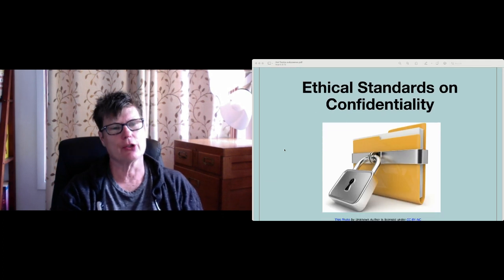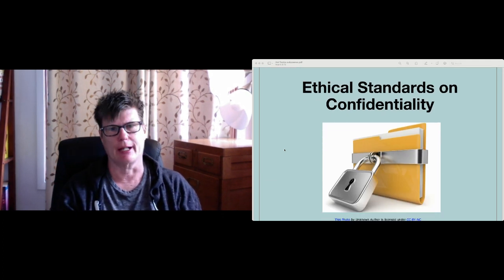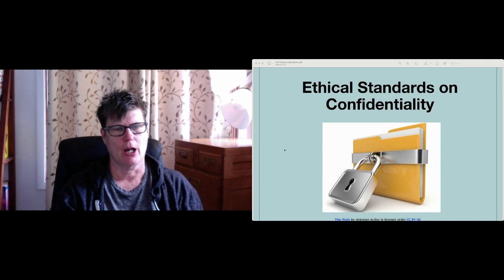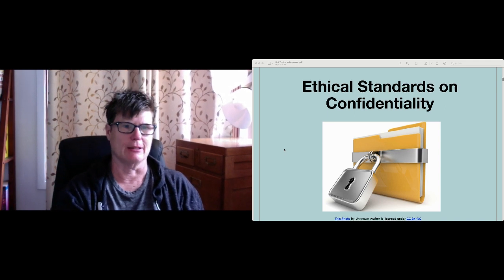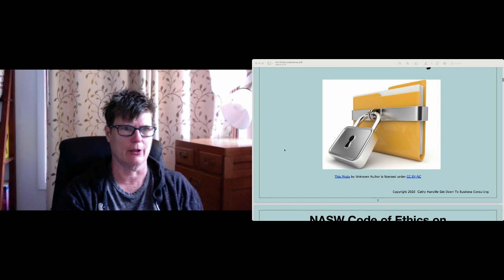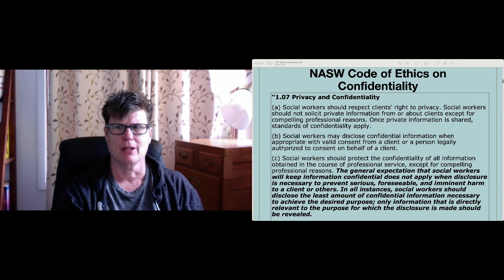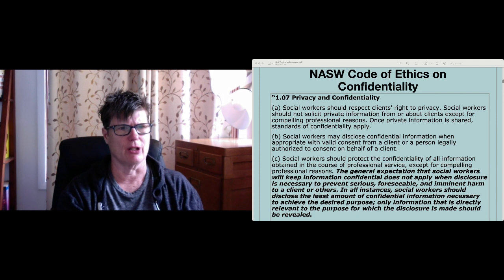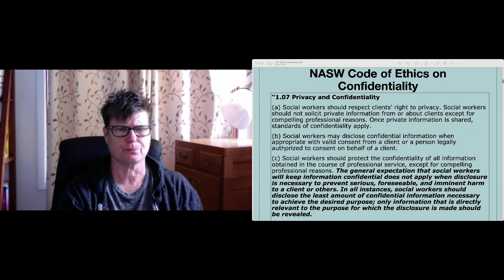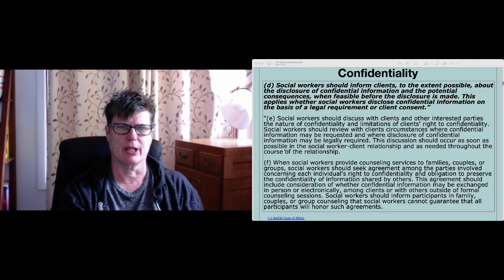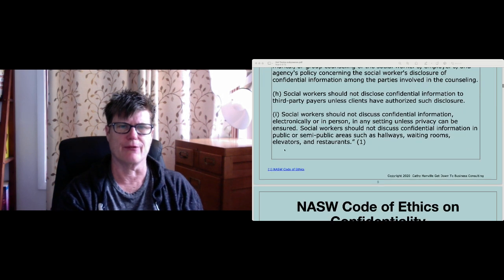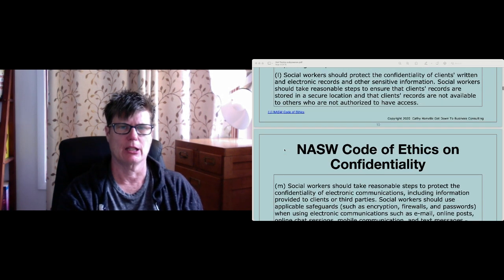The ethical standards related to subpoenas are mostly around confidentiality. I have put them all in the packet, and I will let you read them yourself because they're lengthy and you don't need me to read them for you. I do think it's always a good idea to go back and read our code of ethics every so often. You'll see that with NASW, it is very lengthy.